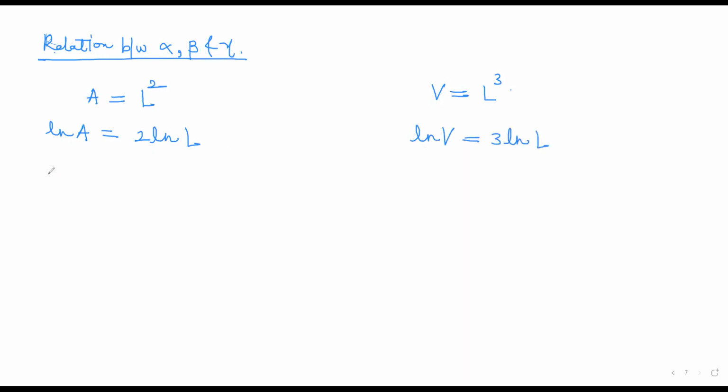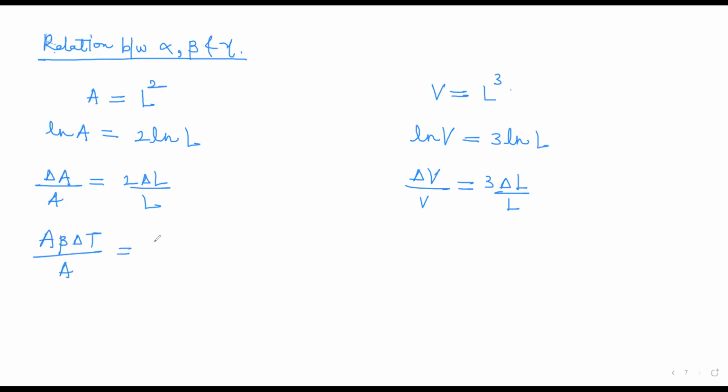Now, differentiate this, you get delta A by A is equal to 2 delta L by L. Similarly, delta V by V is 3 delta L by L. Clear? Delta A is A beta delta T, upon A. This is 2.